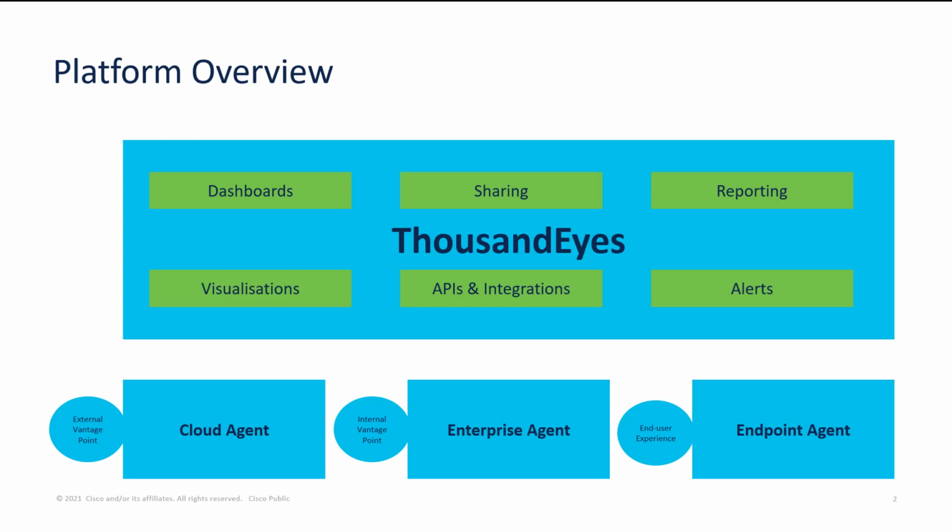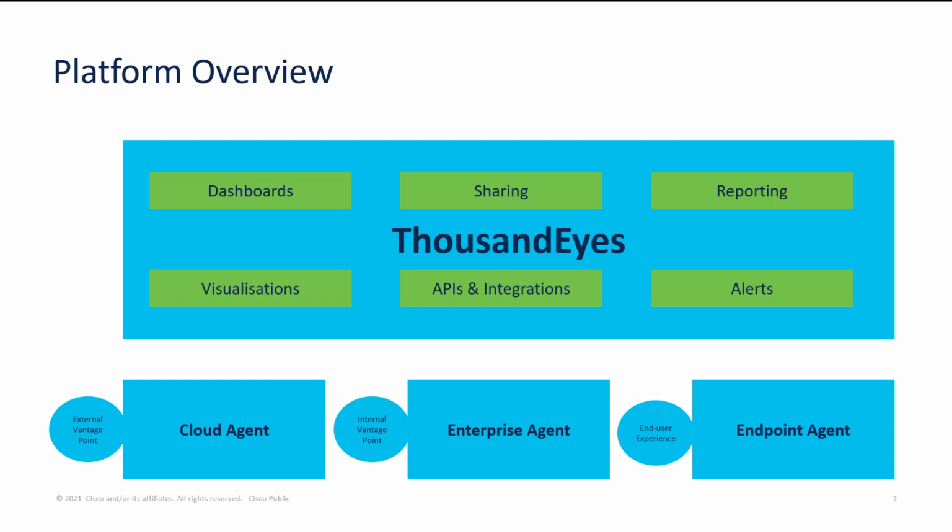There's also the ability to create reports, and we'll look at this a little bit further when we get into the demonstration. The same thing with alerts. You can set up different alert rules. Again, we'll take a look at that in more detail in the demonstration.